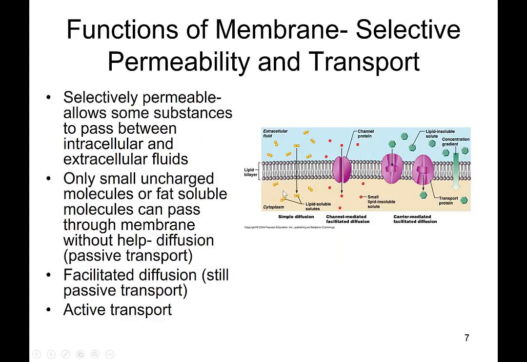We're talking about diffusion, simple diffusion, where solutes can go across the cell membrane from high concentration down to low because they have permeability and this gradient that drives them from high to low.